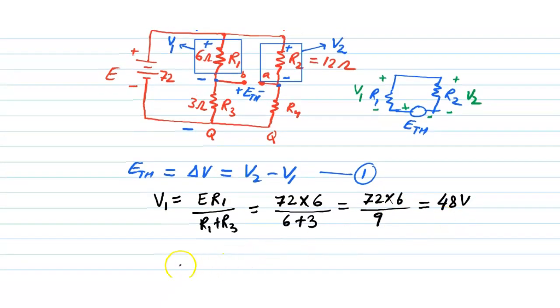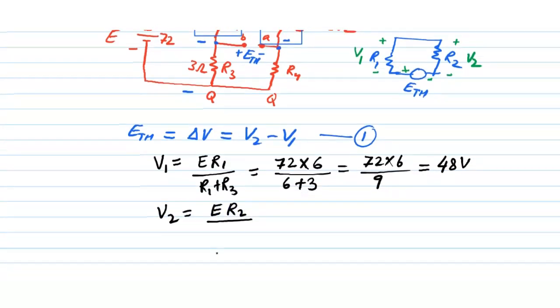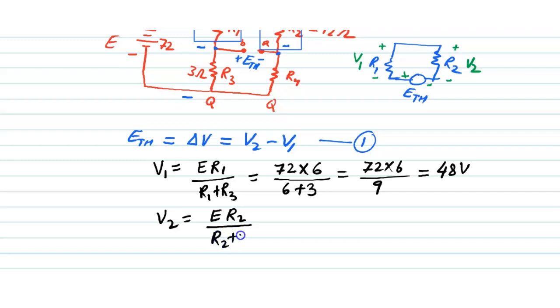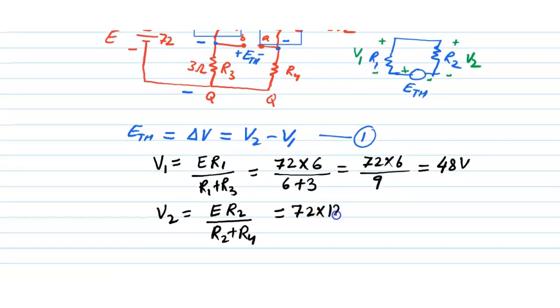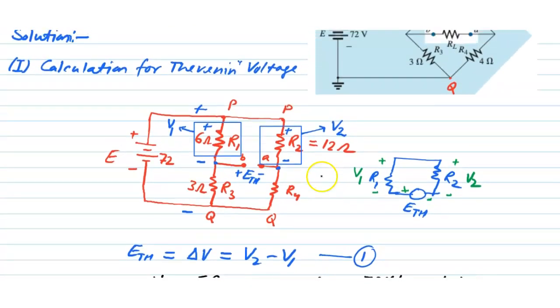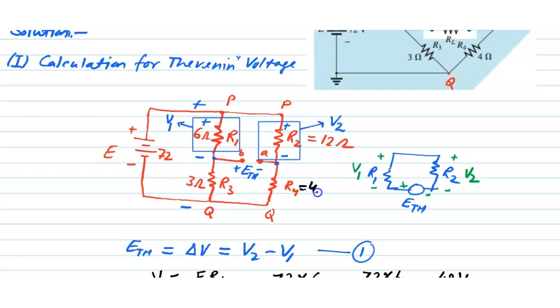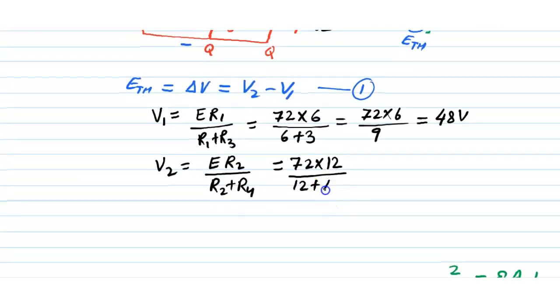Similarly, V2 is equal to E times R2 divided by R2 plus R4, that is 72 into 12 divided by 12 plus 4, that is 72 into 12 divided by 16.